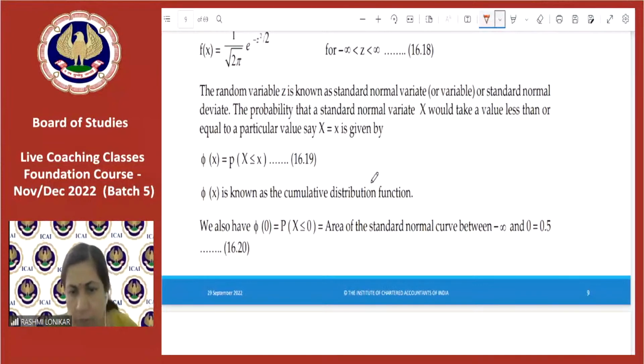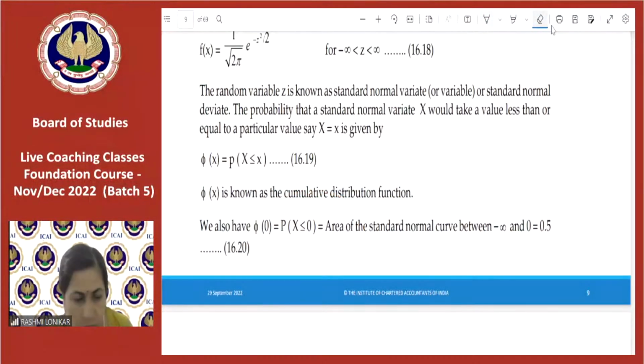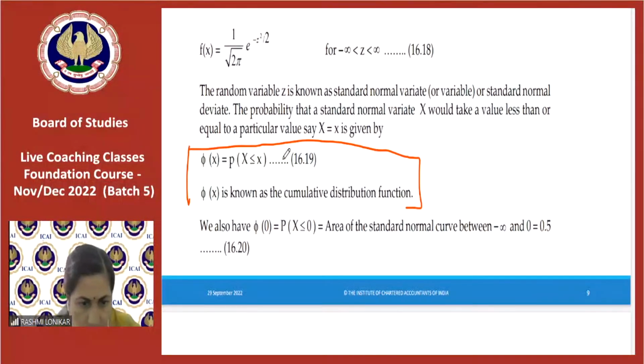Okay, here. See, whatever the questions are, I have already shown you the answer. Here, P of X less than or equal to x is known as the cumulative distribution function.